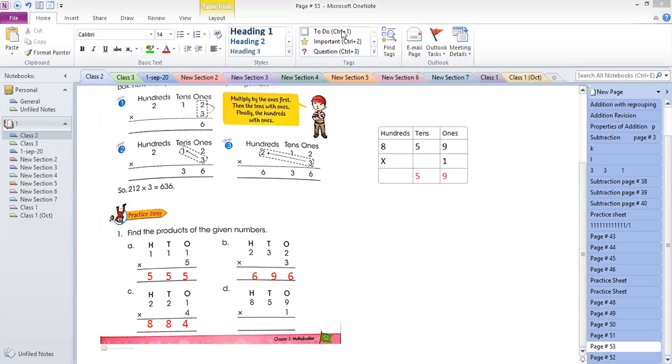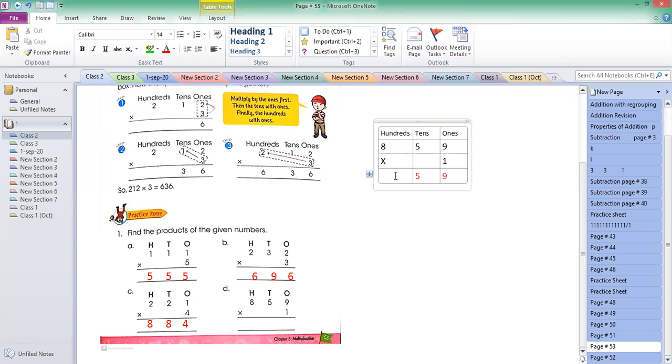Abdul Aziz Muhammad. What number should I write here? No, in the answer of hundreds here. Where you can see my cursor. Before 5. 8.